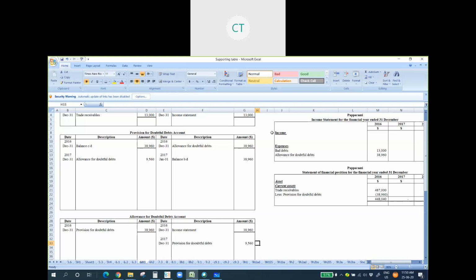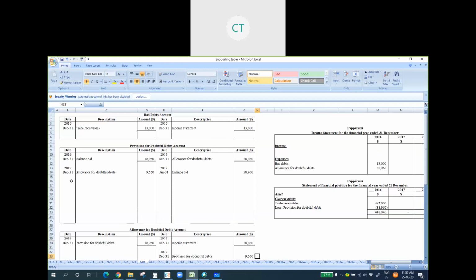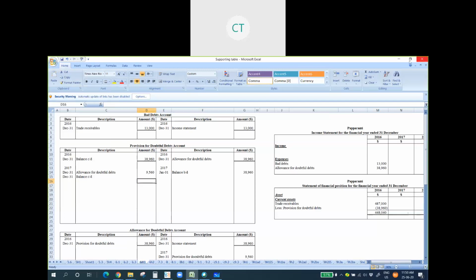Alright, so we have finished the entry. Next we have to close the ledger. We start from the provision for doubtful debts. Where's the auto sum?